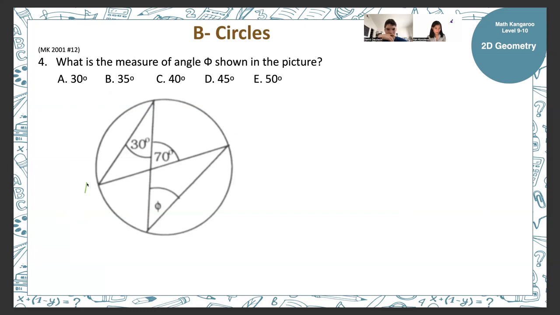So you may want to label it A, B, C, D. So ABD is 30. This angle here is looking at this arc, and phi is the angle looking at the arc BC. This is not the center, maybe we put it P where AD intersects with BC.